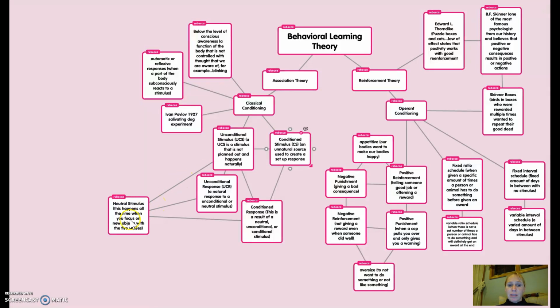A natural stimulus is anything, like I said here, anything of the five senses. So if you smell something, that's a natural stimulus. If you smell food, that's going to cause a response. An unconditioned stimulus is just that; it's not planned out.